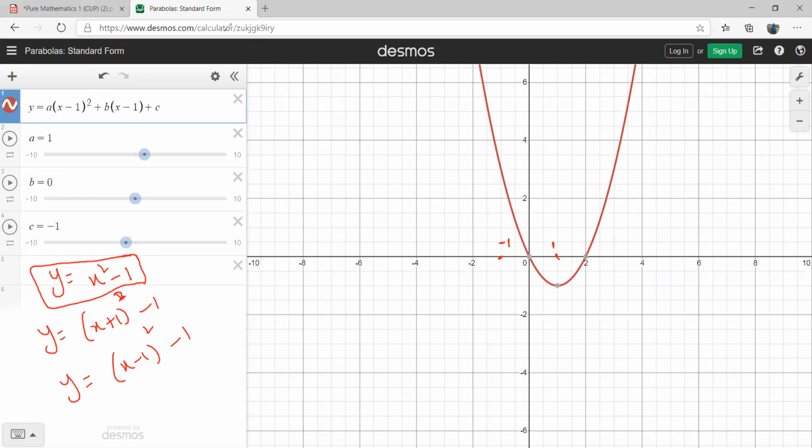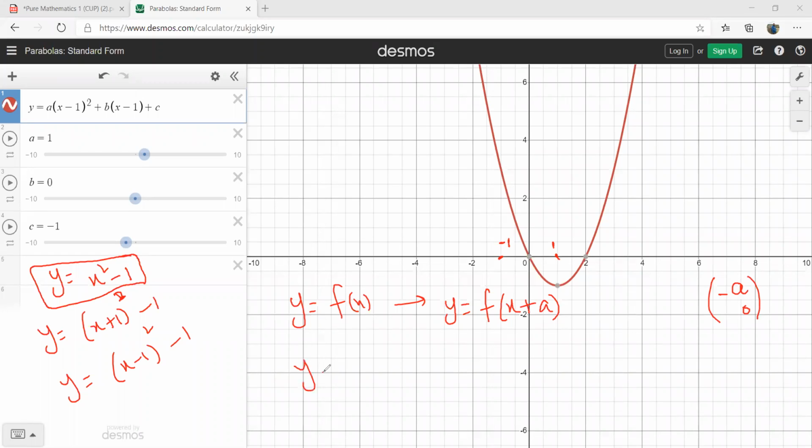So let me tell you the rule: if you have y is equal to f of x and you have translated this to y is equal to f of (x plus a), what will be the translation matrix? Will that be (a, 0) or (minus a, 0)? Yes, the translation matrix will be (minus a, 0).